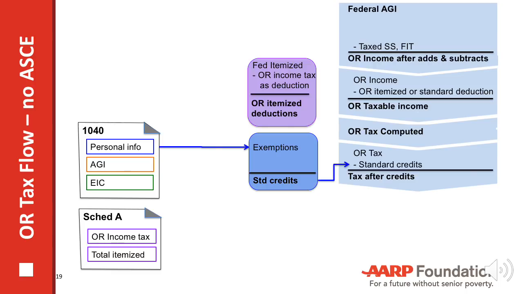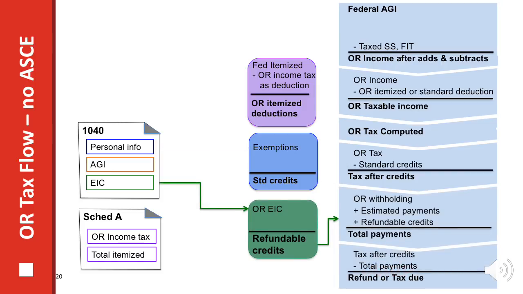Now the system's calculated the tax owed. The amount of Oregon tax withheld will generally flow from the bottom of the W-2, which you input during the federal return process. And in most cases, the software will calculate the Oregon Earned Income Credit for you.